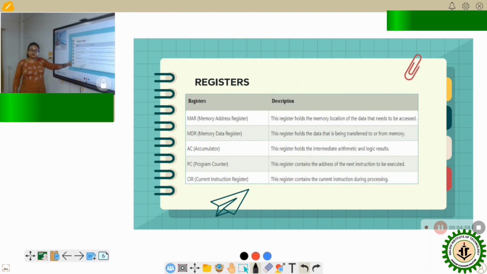Then PC is the program counter, the register that contains the address of the next instruction to be executed. Then the current instruction register contains the current instruction during processing. I have discussed these registers earlier, so I am not going into the details. In the previous lecture I discussed everything with an example and a diagram.